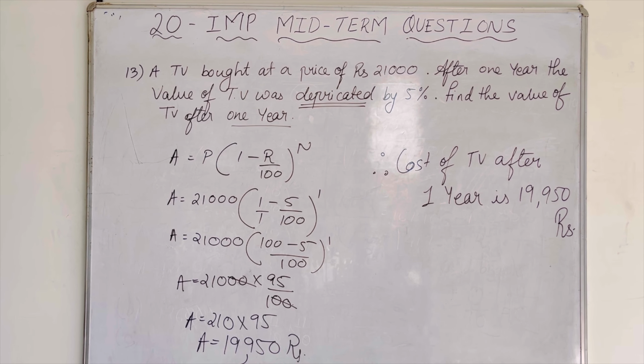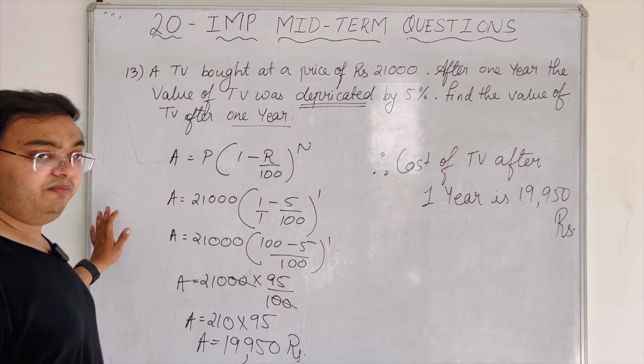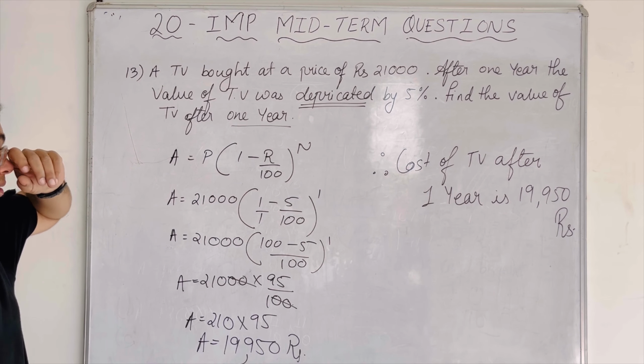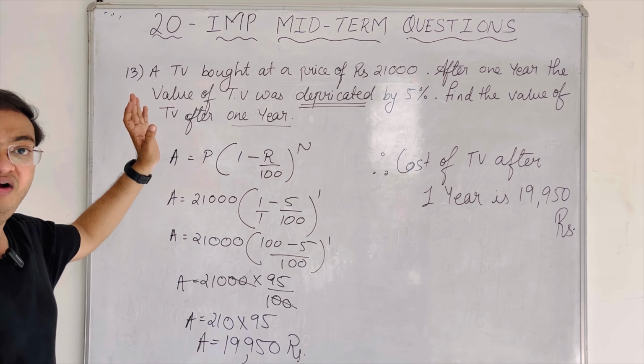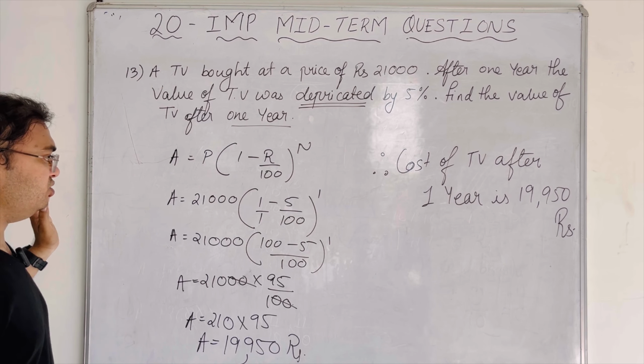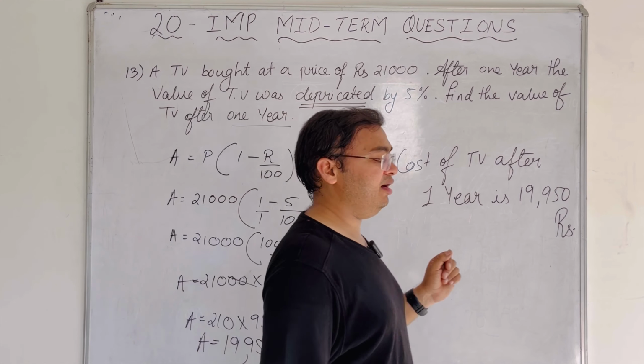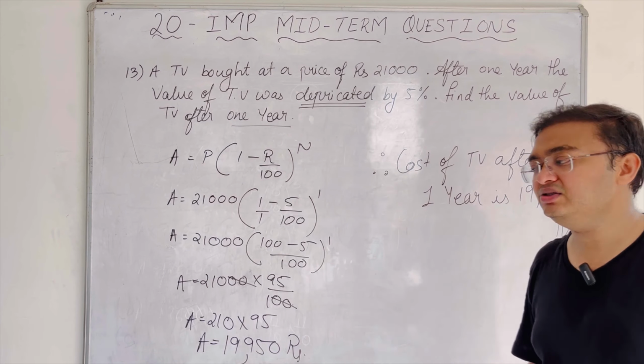Don't forget to see the word depreciation because that is very important. So I hope that this question is understood by you. So please take a screenshot because whenever a depreciation question is asked, we will use the minus in our amount formula. Clear? So let's move to our question 14.